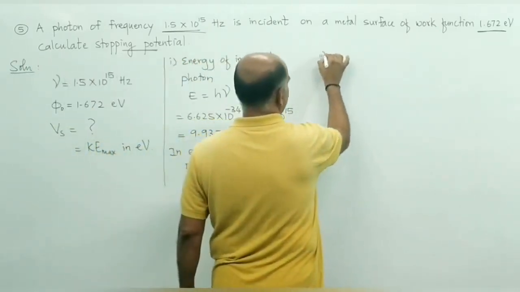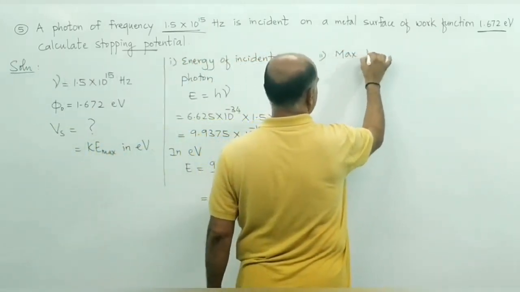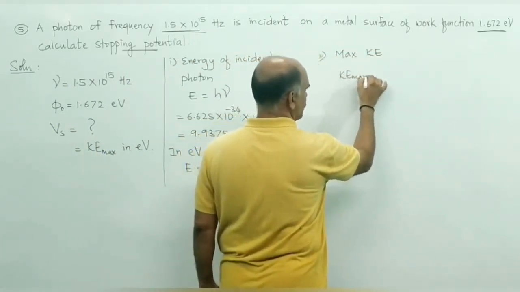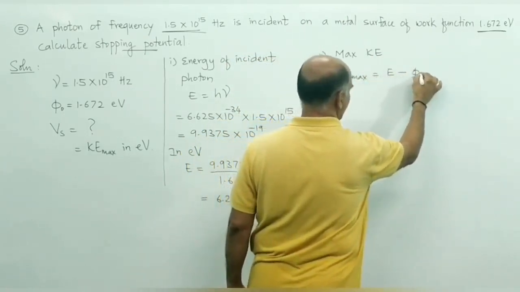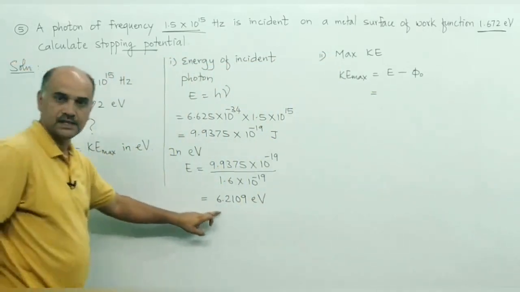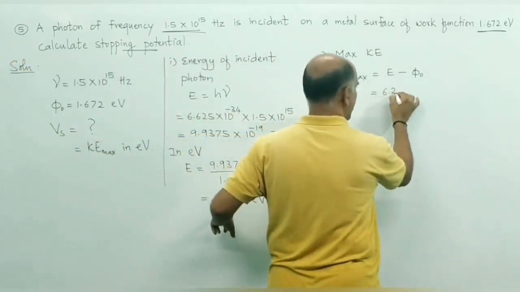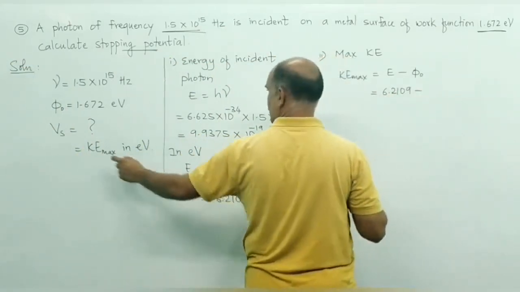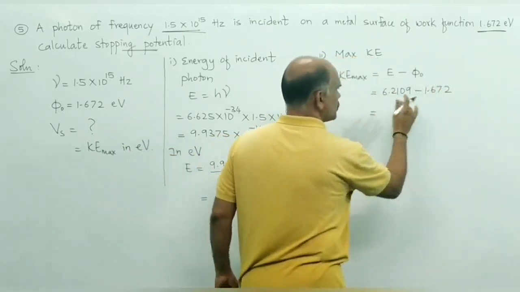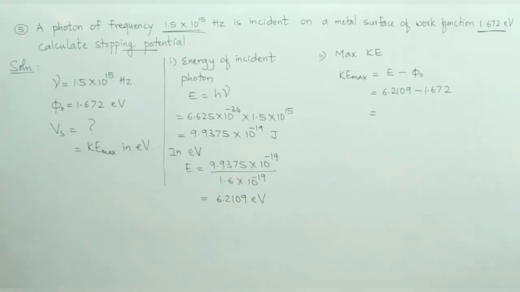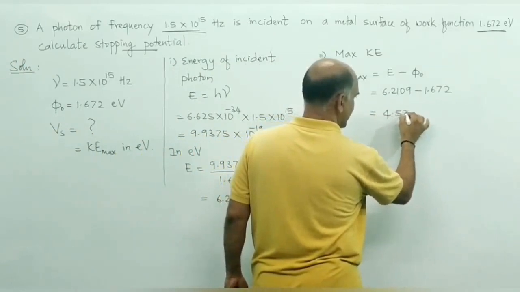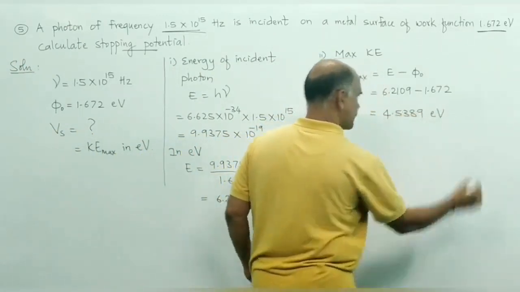In second step you will get maximum kinetic energy. By Einstein's equation, K max is equal to E minus phi naught. E is 6.2109 minus work function 1.672. Subtract, you will get K in electron volt, that is 4.5389 electron volt.